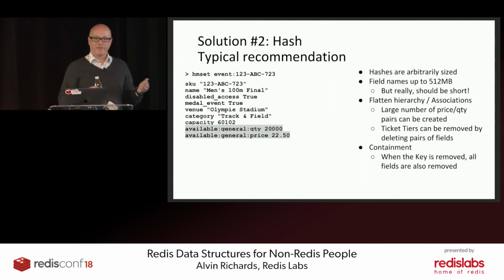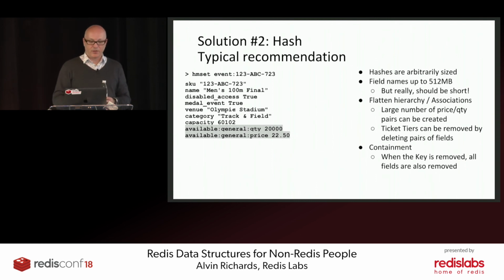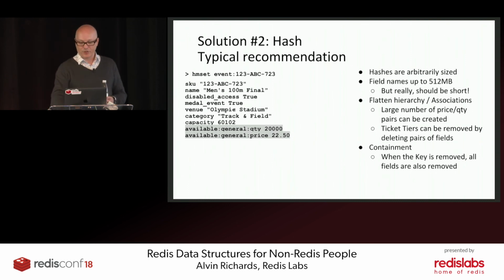What in effect we've done is flatten that JSON structure, or those foreign key relationships, into a single flat object, and we've used the field names to essentially show those relationships. So we can now flatten the whole object. This gives me the ability to get and set individual fields within that object without having to materialize the whole object across the network. So this can be a more efficient solution if you need to manipulate the fields within that hash.